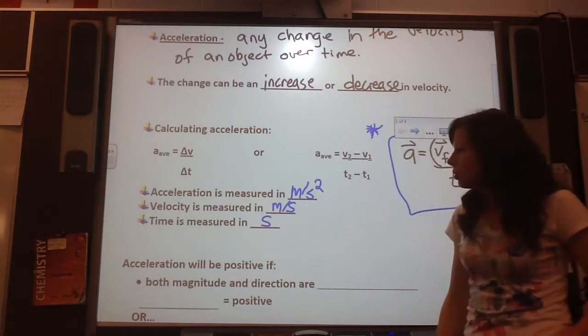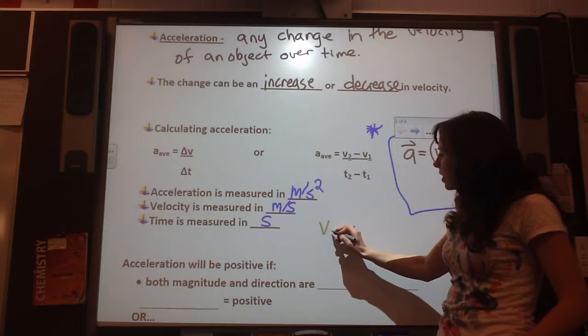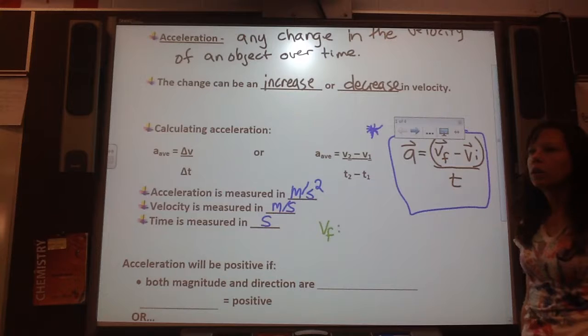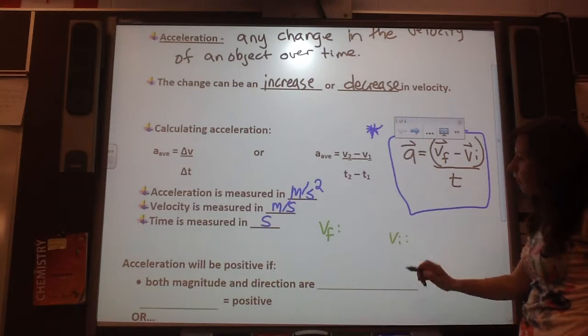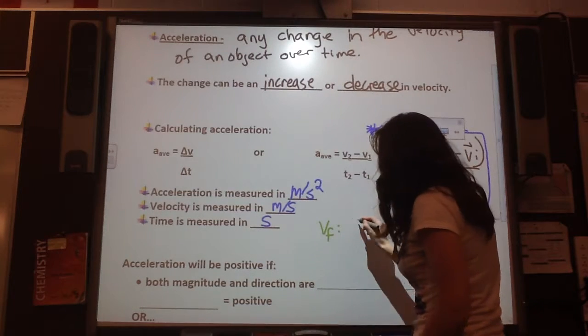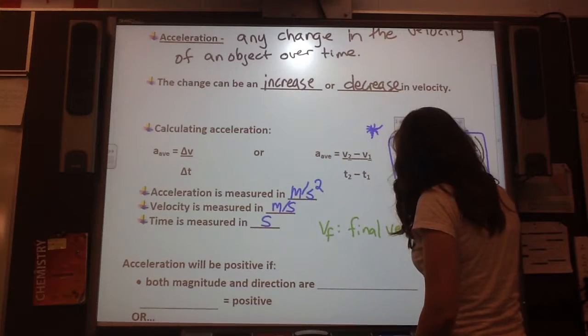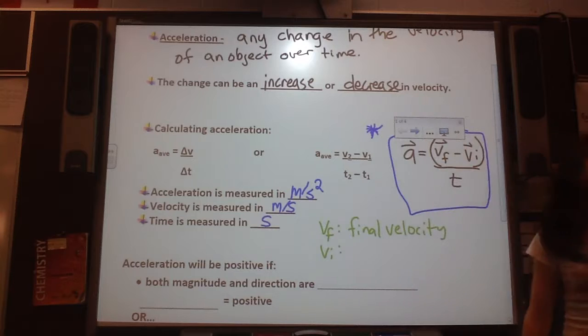So now let's just make a note here. vf, what do you think vf stands for? vf means final velocity. And vi means, what do you think then?